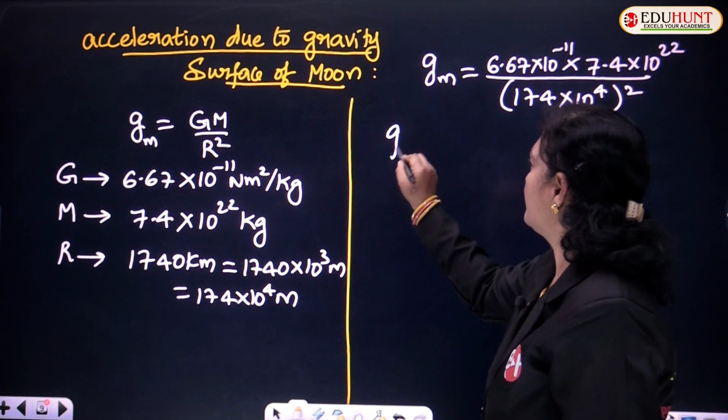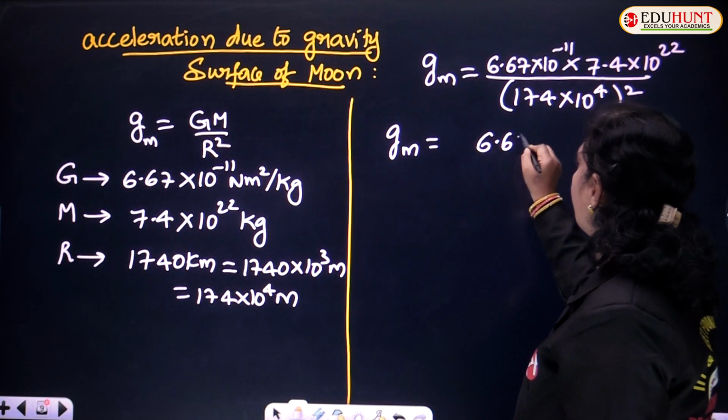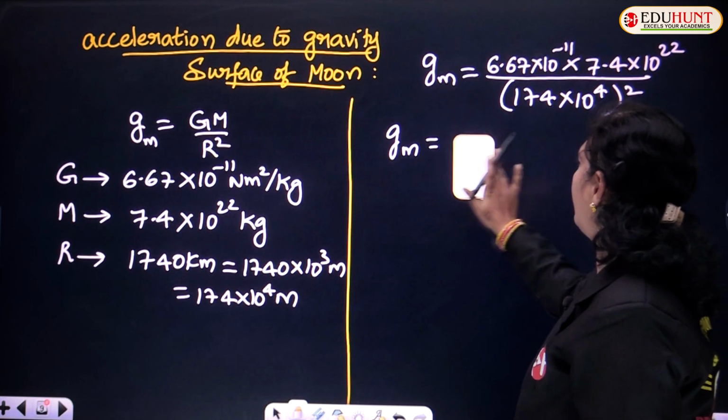Solving this, we have Gm is equal to 6.67 into 7.4. Let us calculate here.